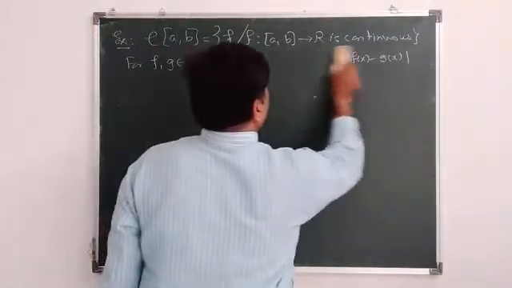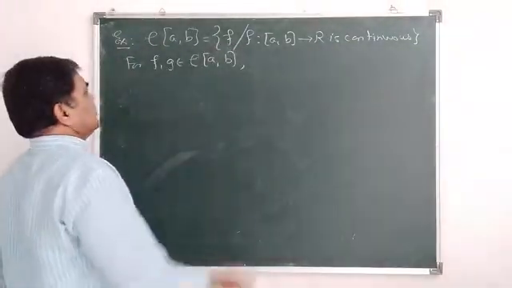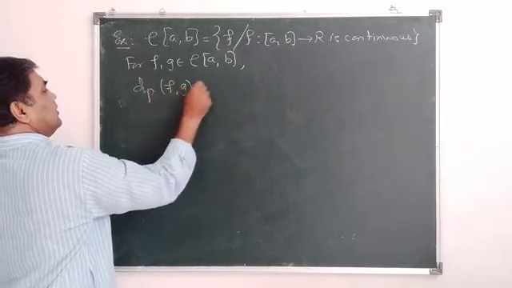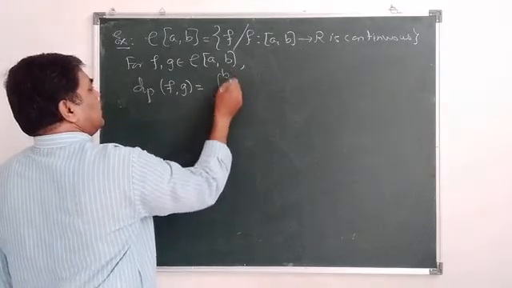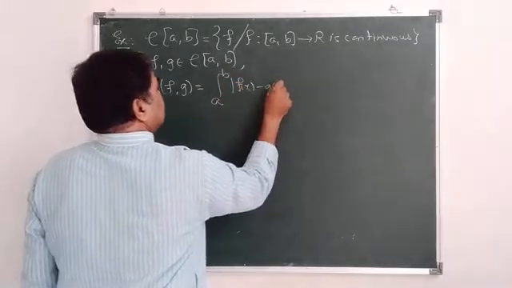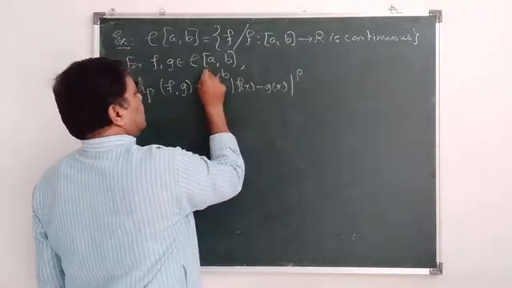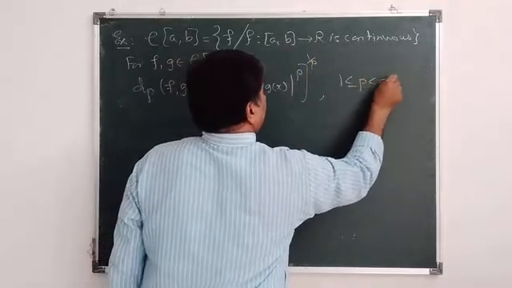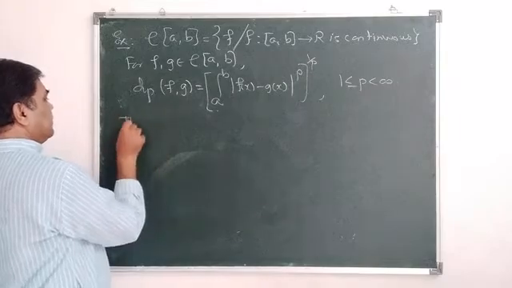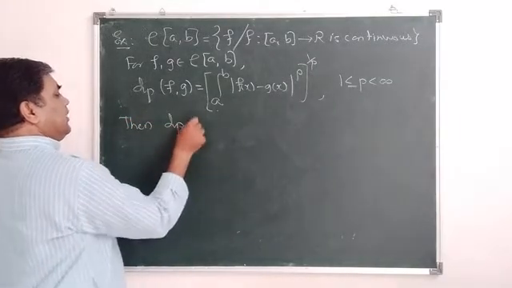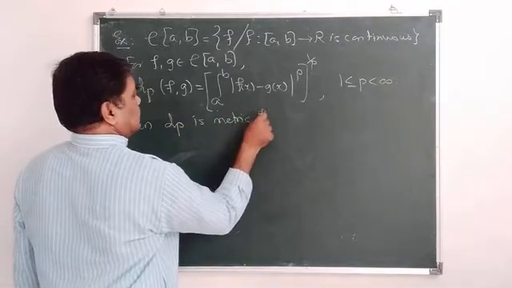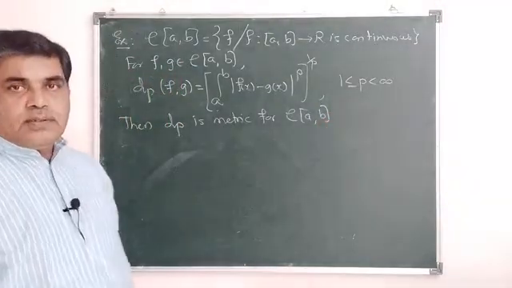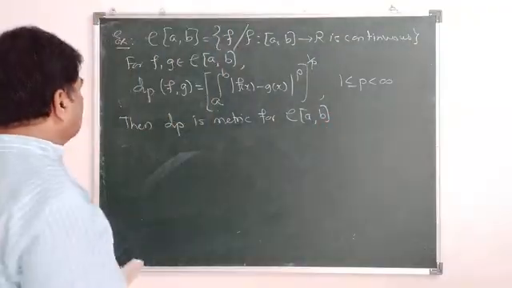For f, g belongs to CAB, dp of fg is equal to integral of a to b mod of fx minus gx to the power p, and integral raised to 1 by p, where 1 less equal p less than infinity. Then dp is a metric for CAB. So we'll explain the solution of this in detail.